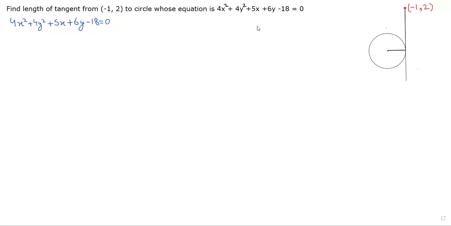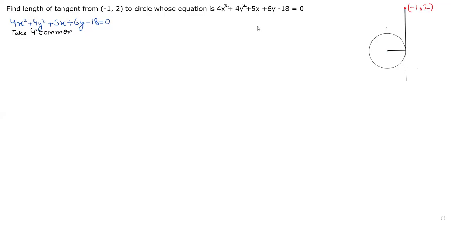So in order to start my working on the equation of the circle, the first thing I have to take care of is that the coefficient of x square and the coefficient of y square should be positive 1, which is not the case over here. So what I am going to do is take 4 common from the given equation.